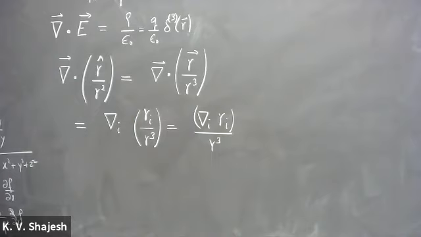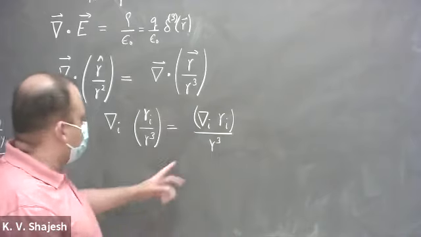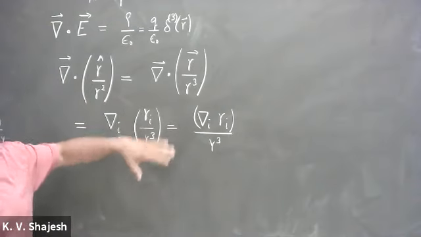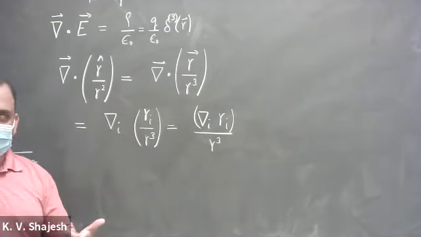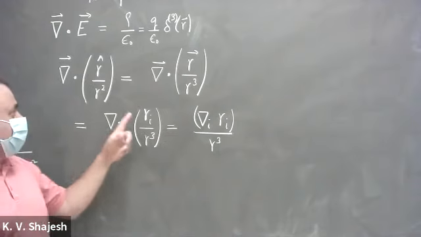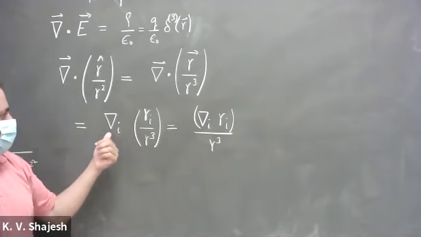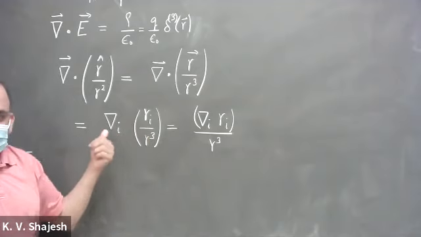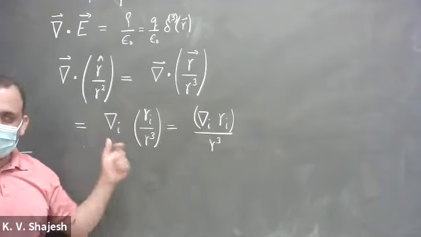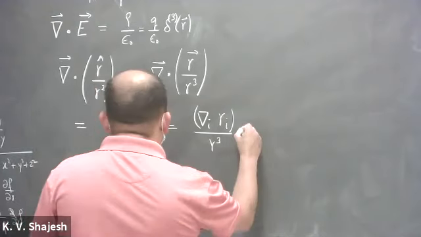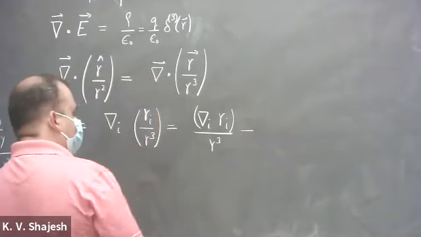Correct. And notice I'm not specifying the coordinates. Try to realize that I'm not using rectangular coordinates or spherical coordinates or cylindrical coordinates. And of course, I should be careful that I'm using the index notation, but that's just summation, right? We're just saying there are three components in there. So this is minus, because it's in the denominator.